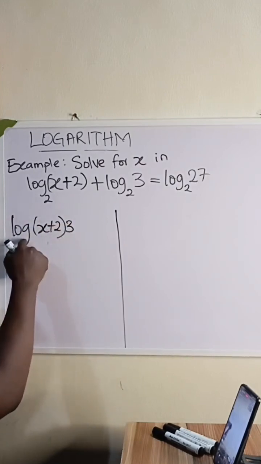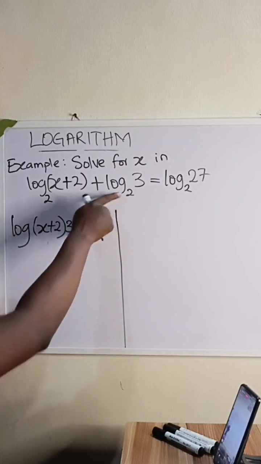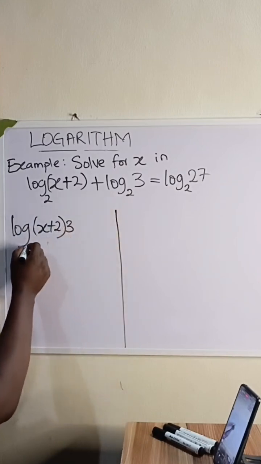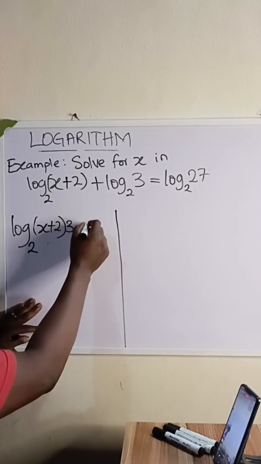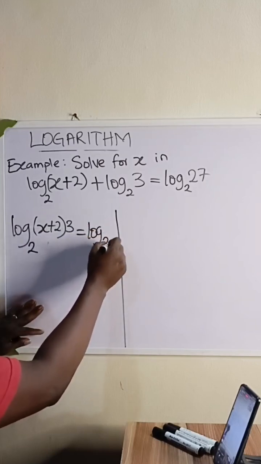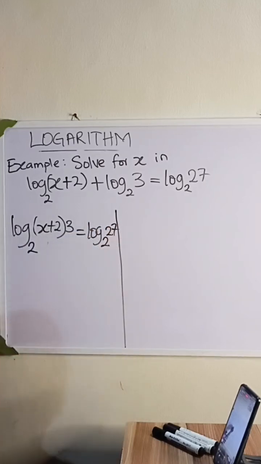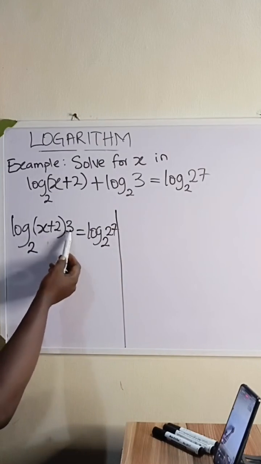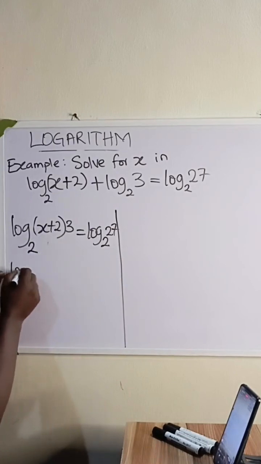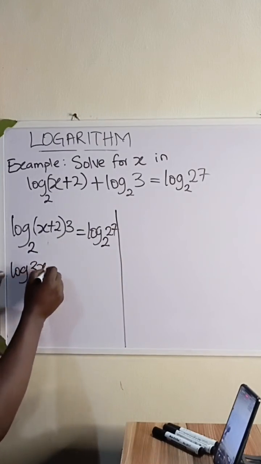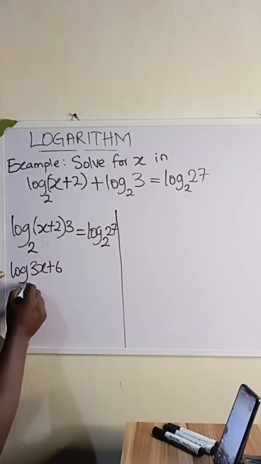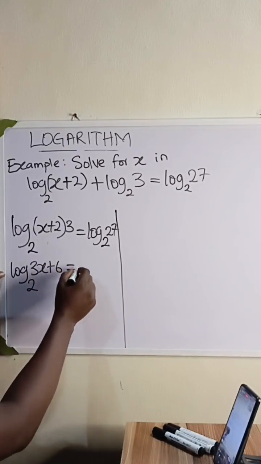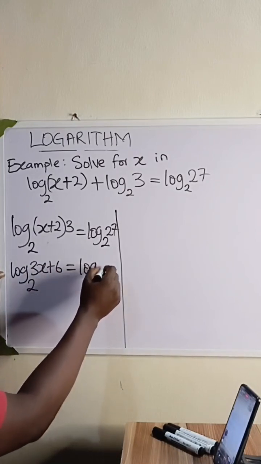I'm supposed to put the 3 in front, but to confirm that it is the second logarithm, that's why I'm putting it behind. It's equal to log 27. Okay, so 3 is going to multiply x, 3 is going to multiply 2. So we have log 3x plus 6 equals log 27.